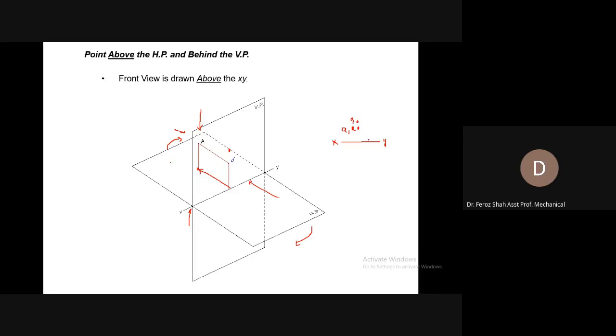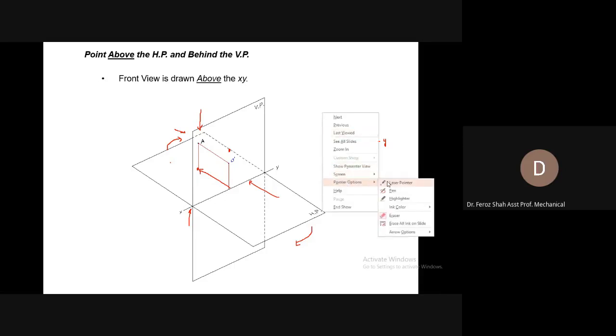Now, in either case, if the point is lying in the second quadrant, its front view will always come above the XY reference line, as well as its top view will also come above the XY reference line.